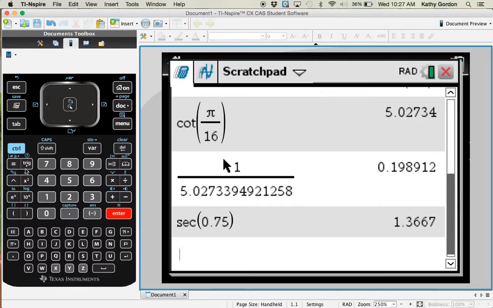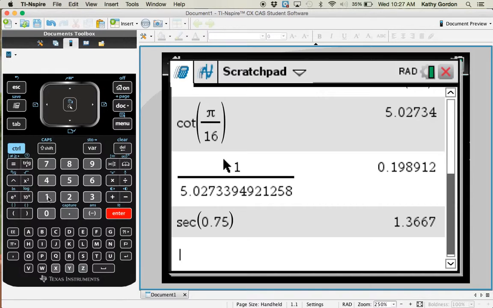And then cosine, again, I could either go up here to my trig and find cosine, or what's the relationship between secant and cosine? What do you know about secants and cosines? They're the inverses also. So secants and cosines are reciprocals of each other.